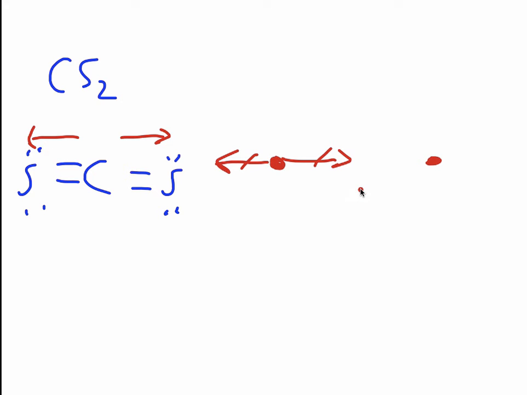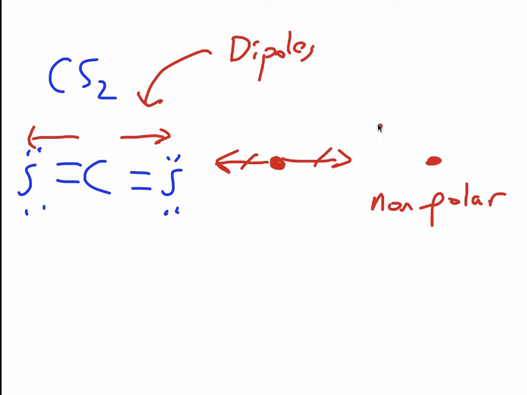So it's a molecule that is non-polar, but it does contain dipoles, or polar bonds. Another word for dipoles is simply polar bonds. So it's a non-polar molecule with polar bonds because they cancel.